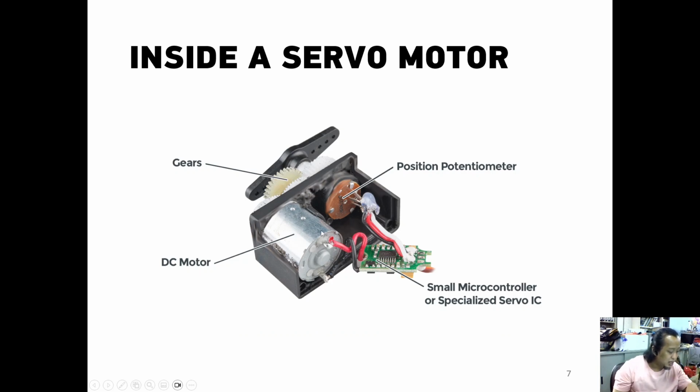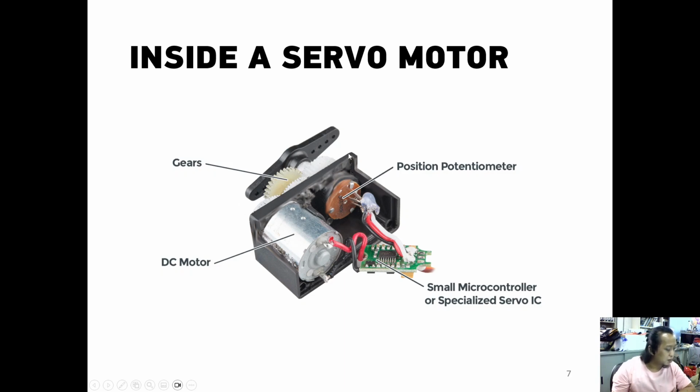Okay, this is the real breakdown of servo motor. This is the DC motor as we usually use. This is the position potentiometer, and this is the circuitry with a small microcontroller or a specialized servo IC.